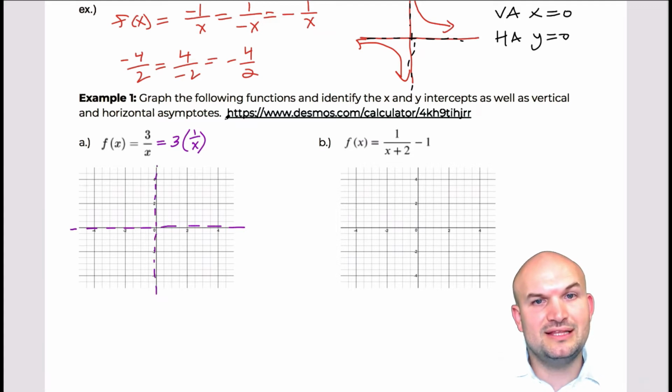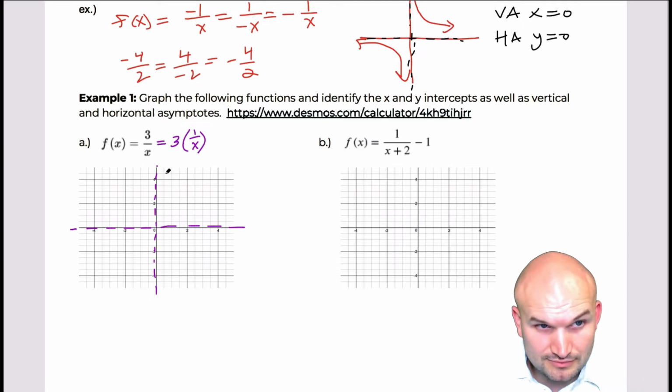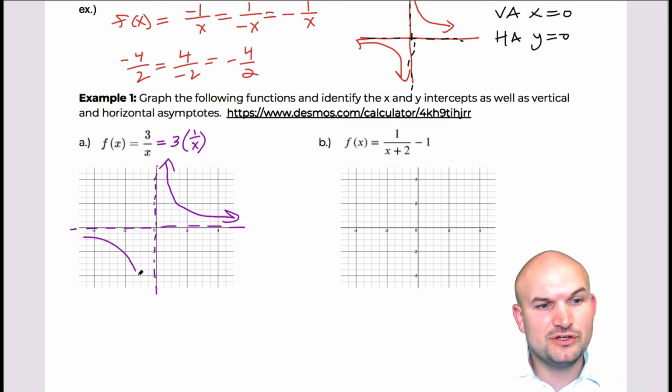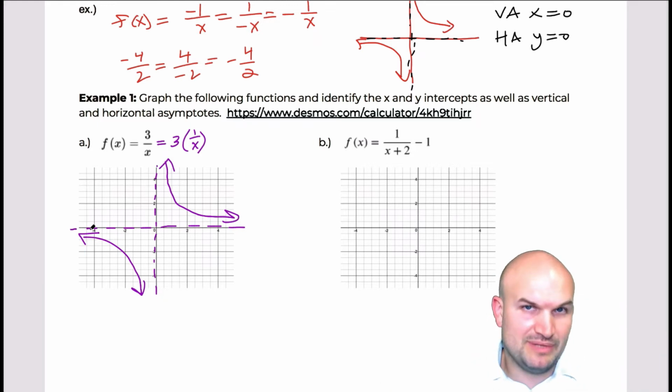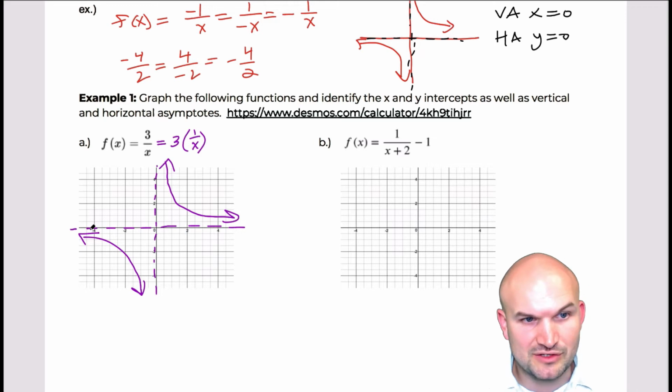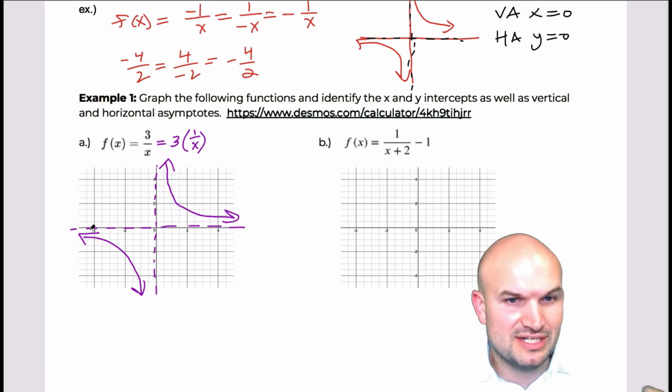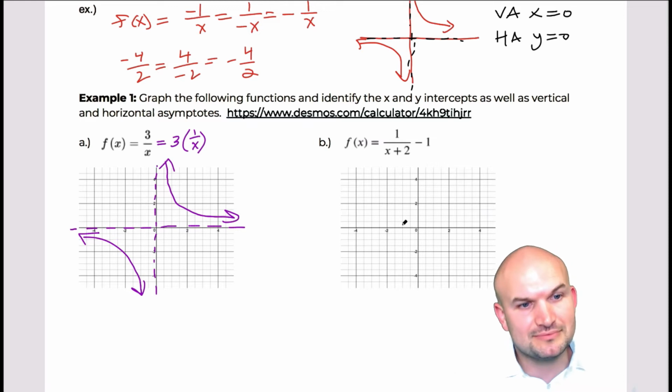The only thing happening from here to here is a vertical stretch. I'm not going to be perfect on my vertical stretch. I'm not really trying to be. If you can create a table of values to help you with how this graph would be stretched or compressed, you can see what those values would give you. But that's not my main concern here as far as getting the graph perfectly correct.